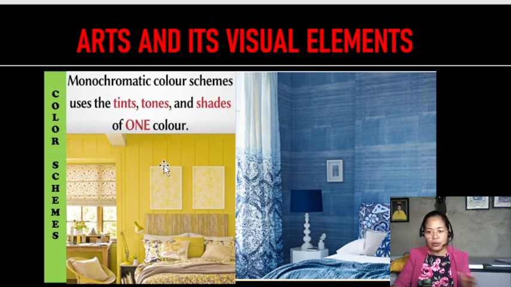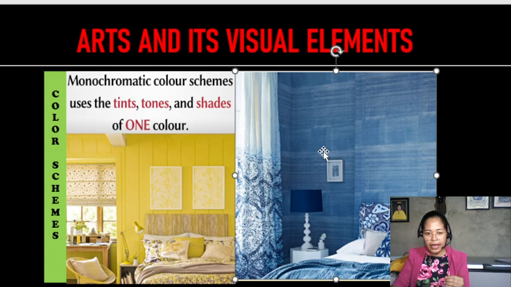Okay, so monochromatic color refers to a color scheme that is comprised of variation of one color, from the word mono, one color. Okay, look at this room. It uses blue, and the tints, tones, and shades, the variation of it comes from the color blue. But still, the color blue is the only one color being used in it.